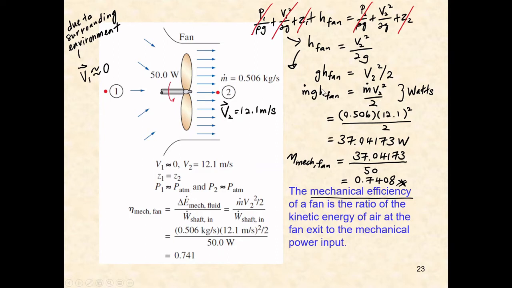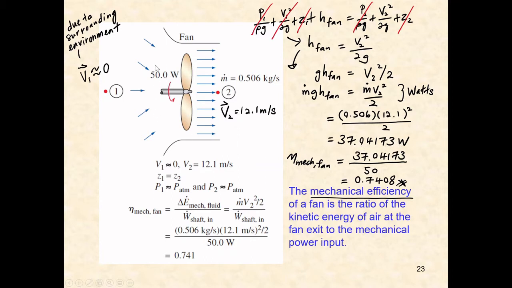We know the mass flow rate here is 0.506 kilograms per second, and the velocity V2 is 12.1 meters per second. So we can calculate that the power is 37 watts.